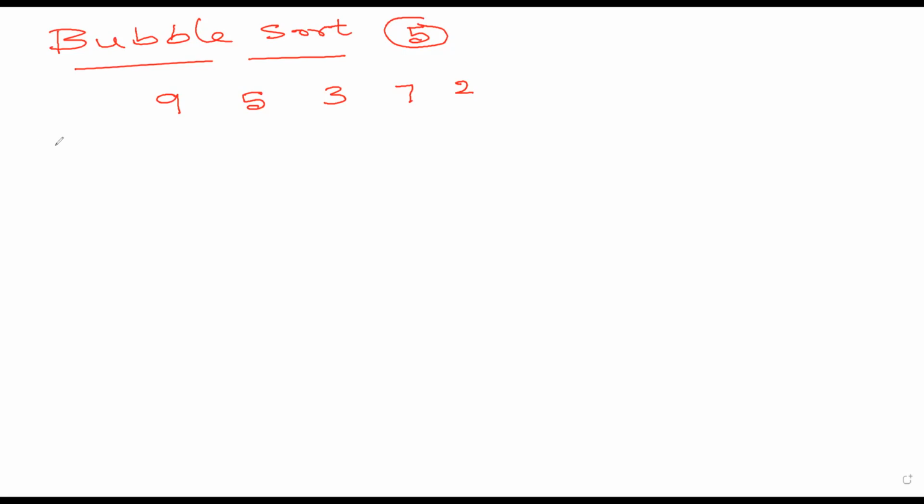If the 0th position element is greater than the element at first position, then we have to swap those two. And so on. This is to be continued until the last position.